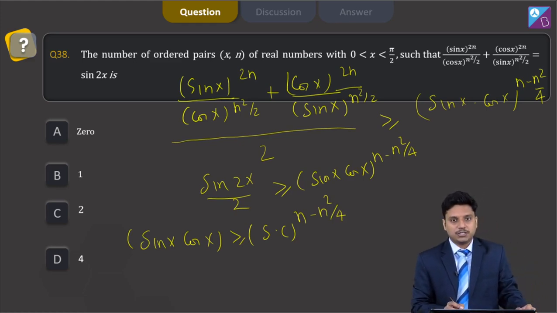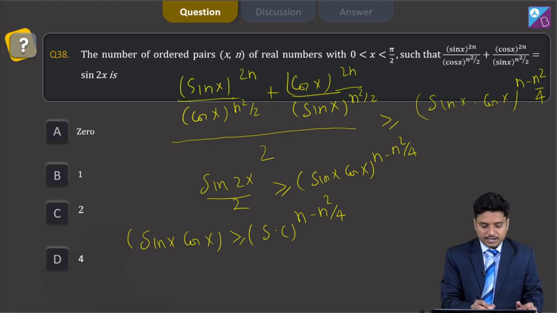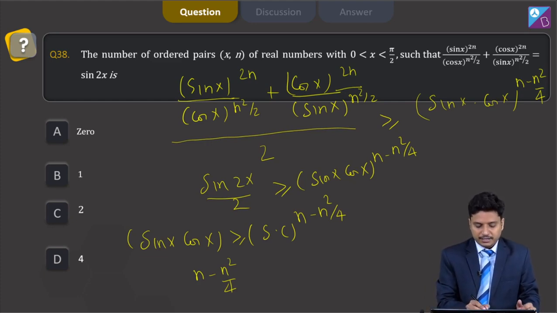Now sin into cos is a quantity whose base is less than 1. As we keep on increasing the powers, the value will actually decrease. So n minus n square by 4, what should be the value for this? It should be greater than or equal to 1.